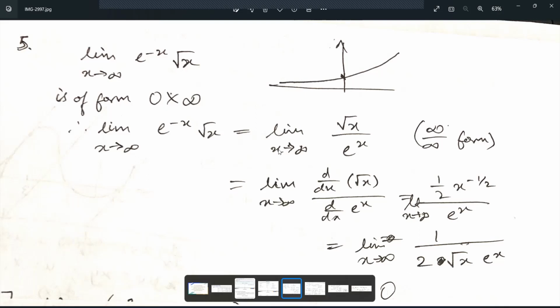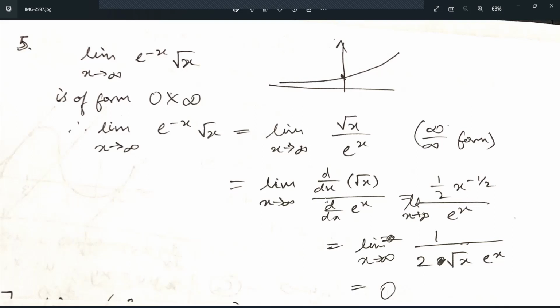Now to apply L'Hopital's rule, I'm going to differentiate the numerator with respect to x and also the denominator with respect to x. When I differentiate the numerator, I get 1 by 2 x power minus 1 by 2, and the denominator, when you differentiate with respect to x, we get e power x.